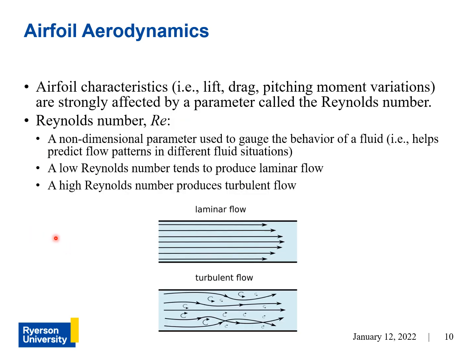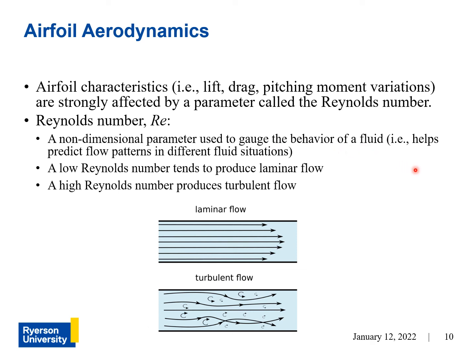Airfoil characteristics like lift, drag, and pitching moment are strongly affected by a parameter called the Reynolds number. The Reynolds number is represented by these two letters, Re. And the Reynolds number is just a non-dimensional parameter used to gauge the behavior of a fluid.